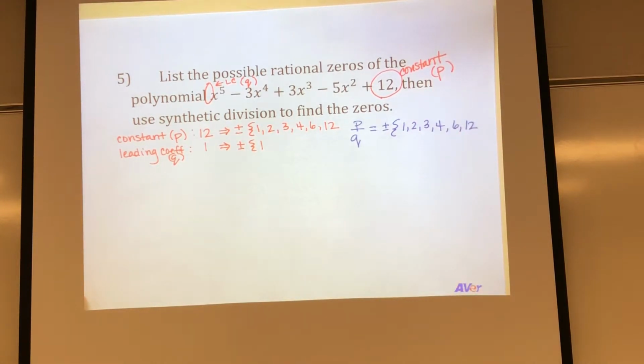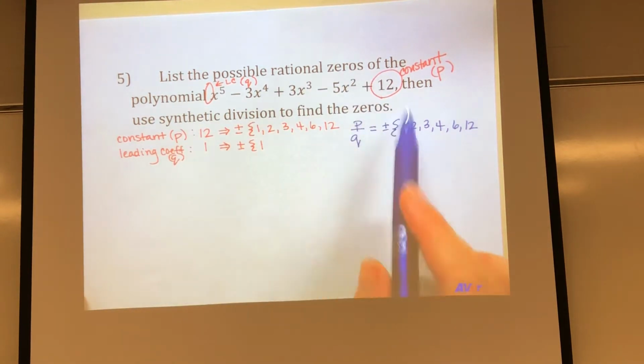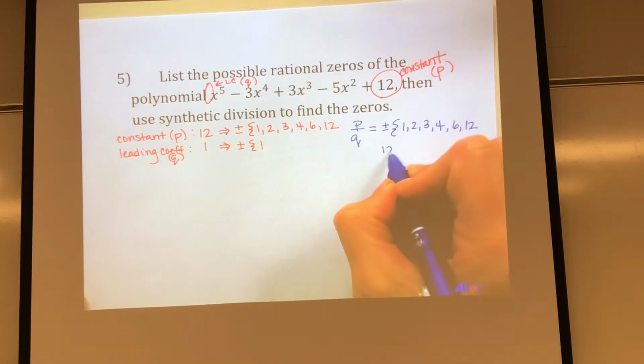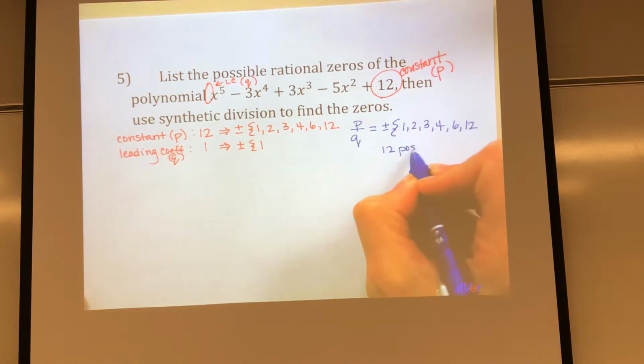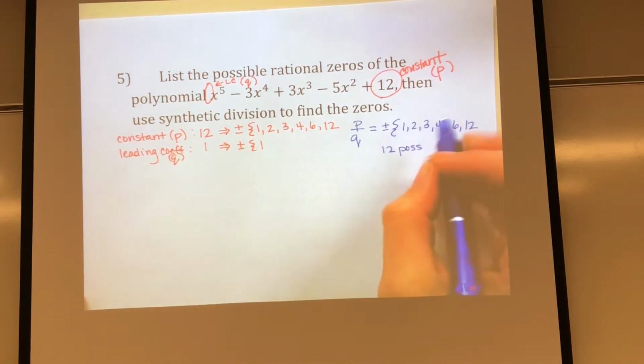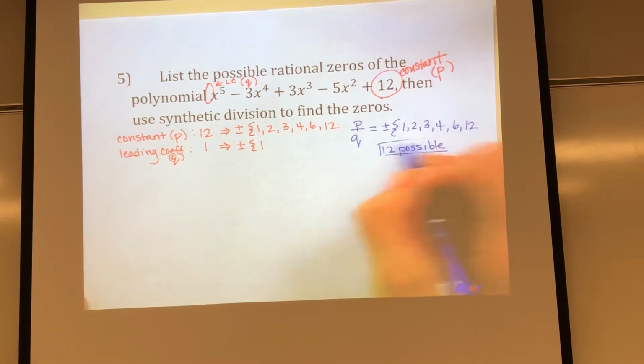So the first part of the instruction said, list the possible rational zeros of the polynomial. That's what we just did here. We have 12 possibilities. Okay, some people say 6 because they see 6 numbers, but we have the positive and the negative version of those. So 12 different possible numbers.